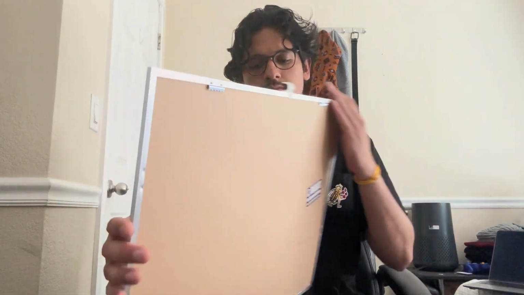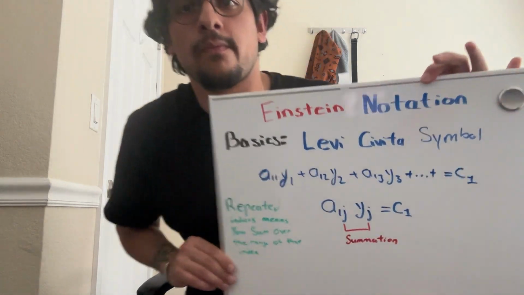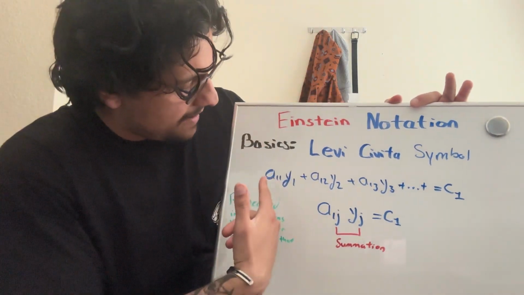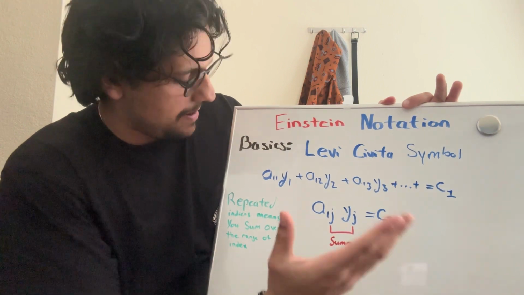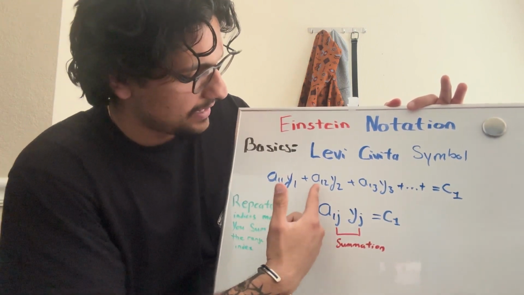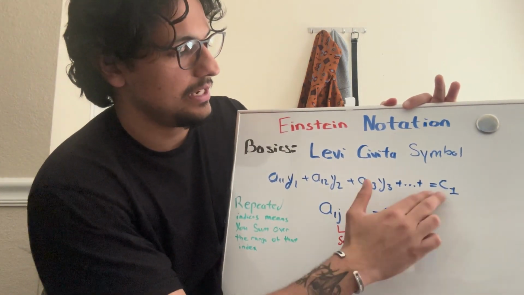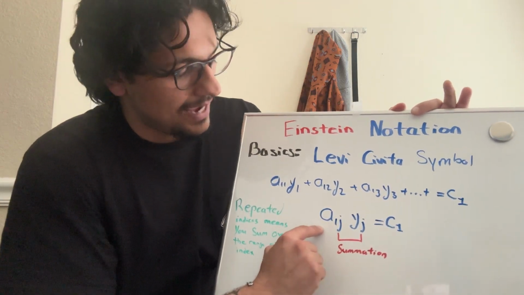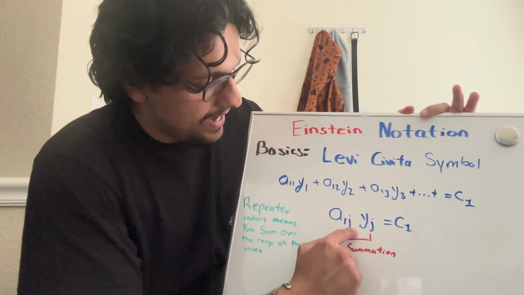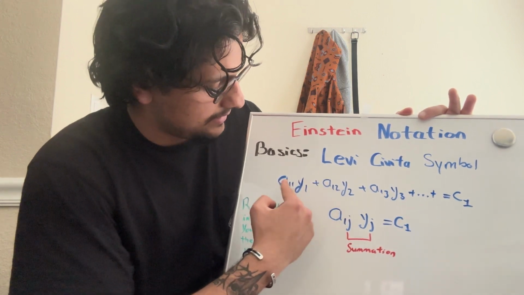So one cool thing about the Einstein notation is that, besides helping you improve, you can easily take something that is large and compact it into something small. For example, where we have this function, or whatever it may be, a11 y1 plus a12 y2 etc. equaling c1, we can write this as a1j yj equals c1, because the second index is what's changing.